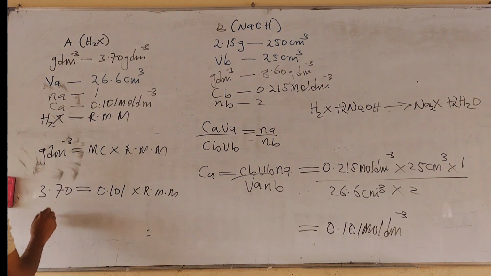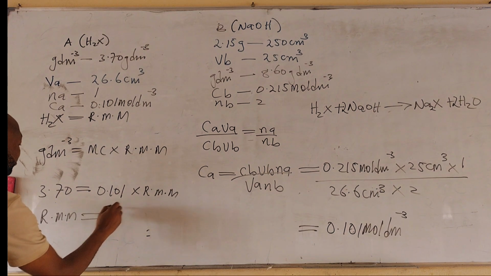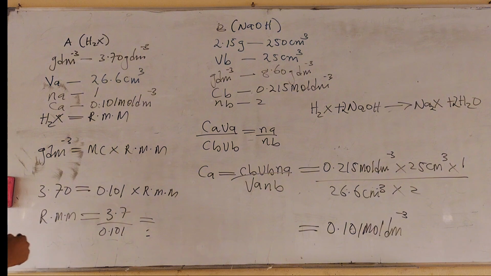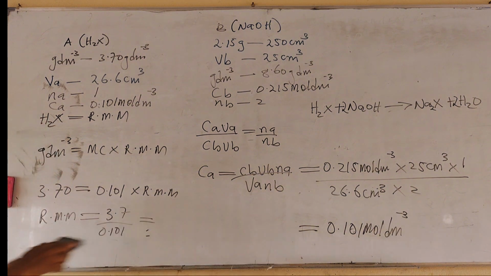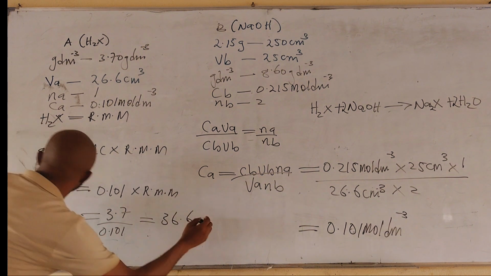So my relative molecular mass will therefore become 3.7 divided by 0.101. So when I do that, let's see what we have. 3.7 divided by 0.101 is equal to 36.6. I have 36.6 g/mol.